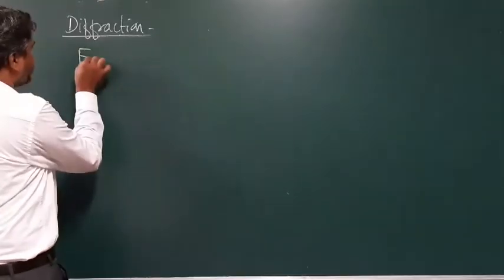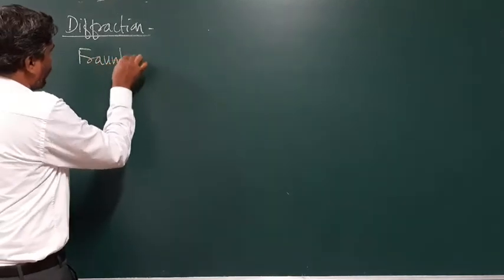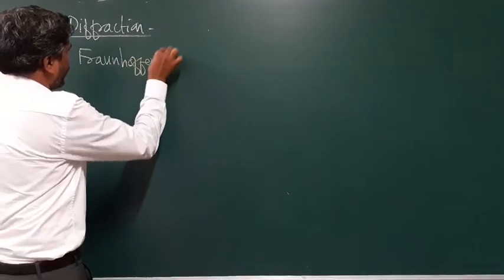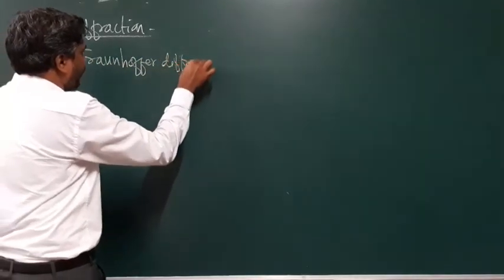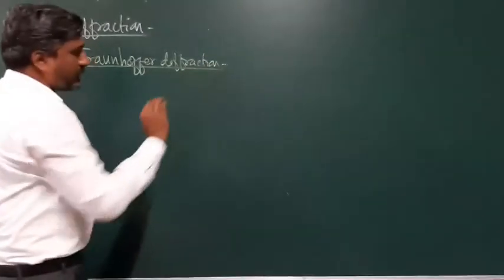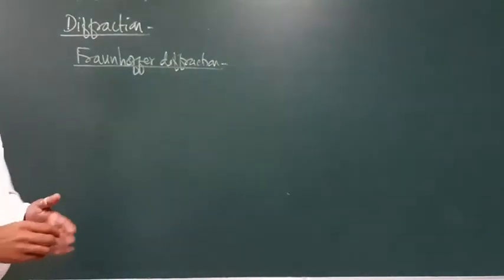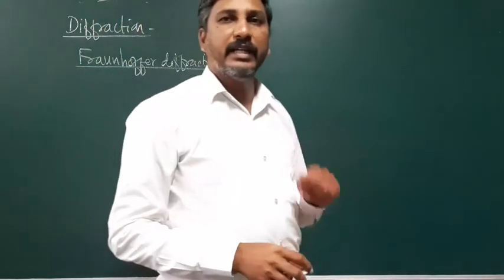So today's title is Fraunhofer diffraction. What is Fraunhofer diffraction? The first thing that is very clear is that in Fraunhofer diffraction, the source and screen are at an infinite distance.